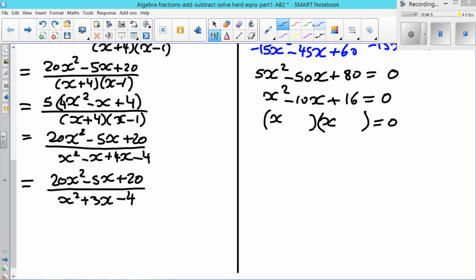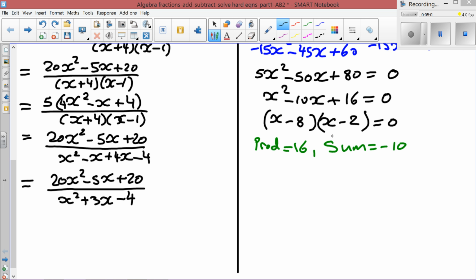I have a product of 16, so the product is equal to 16, and the sum is equal to minus 10. So I'm looking for two numbers that multiply together to give me plus 16 and add together to give me minus 10, and that is minus 8 and minus 2.